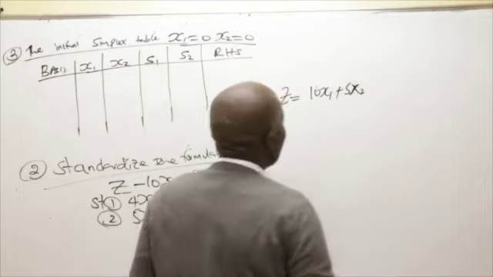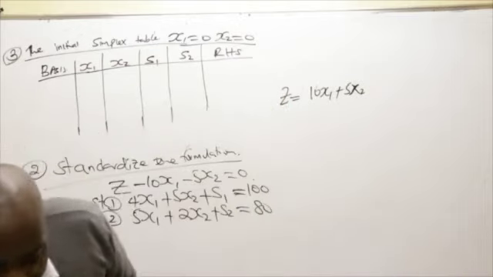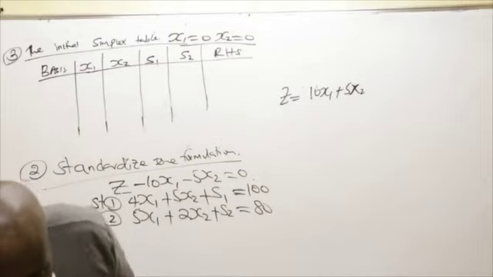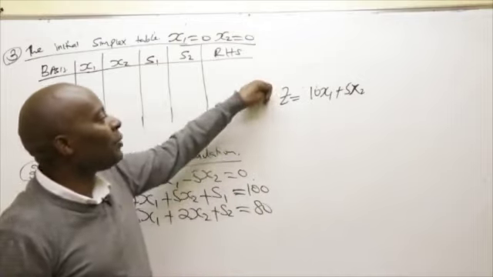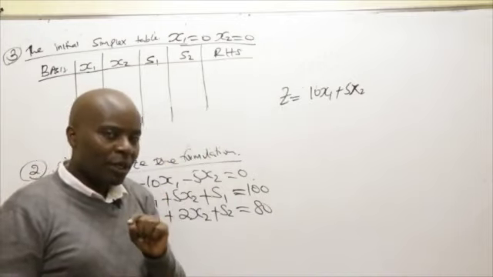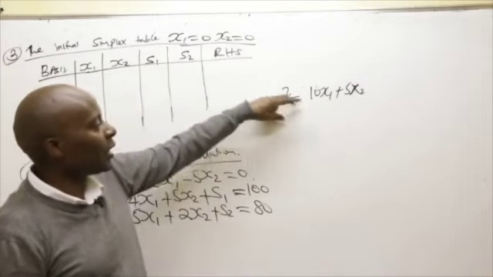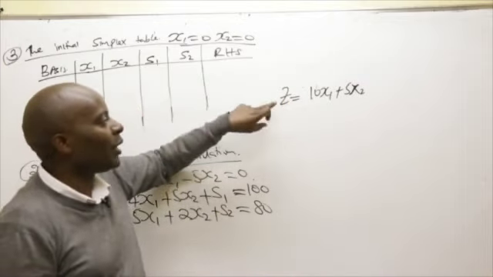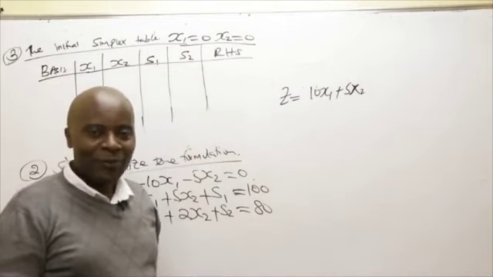So Caro is asking, why can't we have here 10x1 plus 5x2 equals 0? Caro, that can't be the case because you will basically be telling us that z equals 0, and z is not 0. If you do it your way, you'll be telling us that 10x1 plus 5x2 equals 0, meaning that z is 0. Our contribution can't be 0.